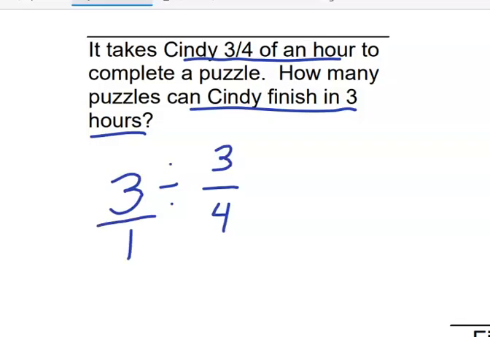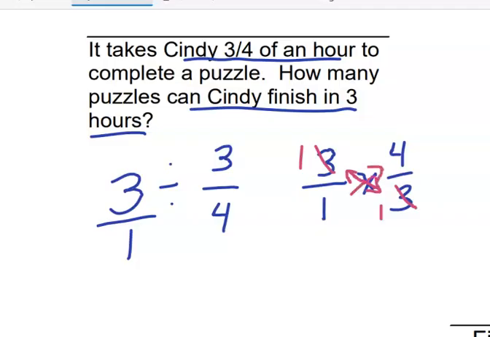And then we're going to do a keep, change, flip. We're going to keep the 3 over 1. We're going to do times 4 over 3. Again, guys, if you remember, we can cross reduce. So if you look at right here, you can do 3 into 3 and get 1, 3 into 3 and get 1. You can't do anything with the 4 and the 1.